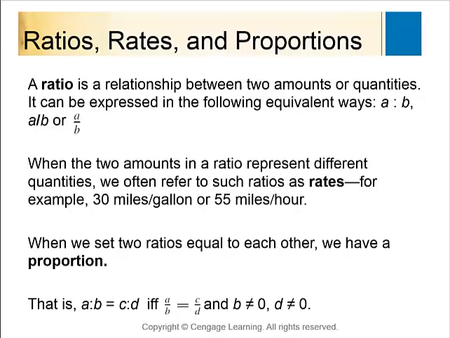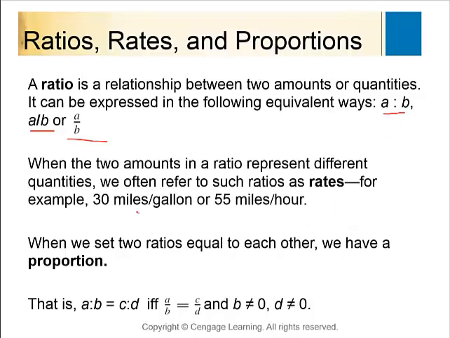Here is the definition of a ratio. A ratio can be written in a couple of different ways. We can write it in this format, or we can write really A to B, which is the same as this, just written horizontally or vertically. We can write it as any one of those formats.